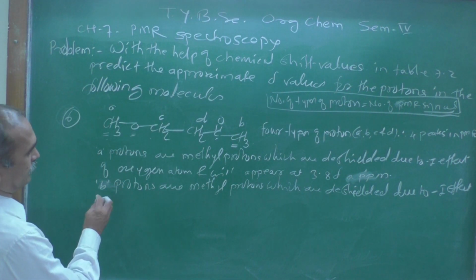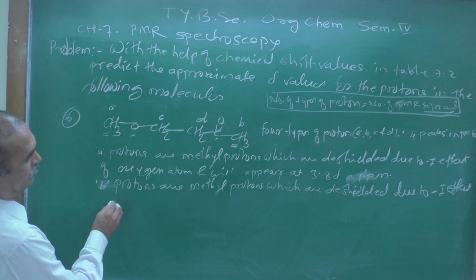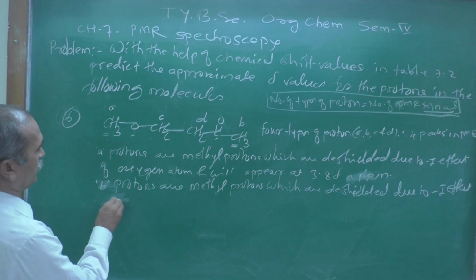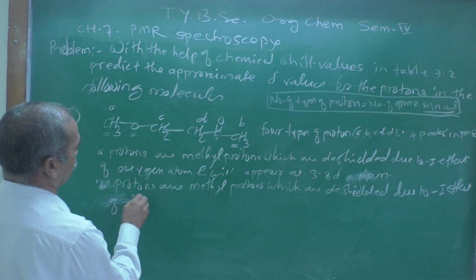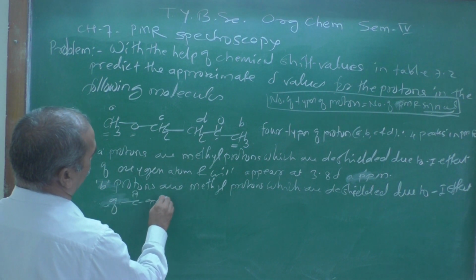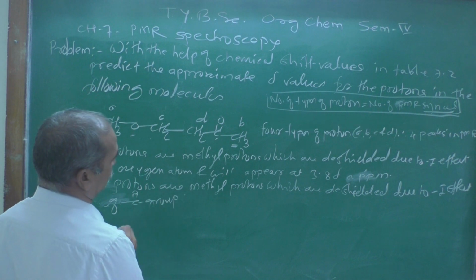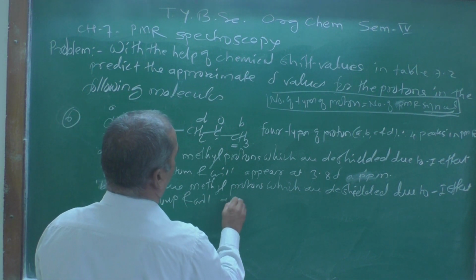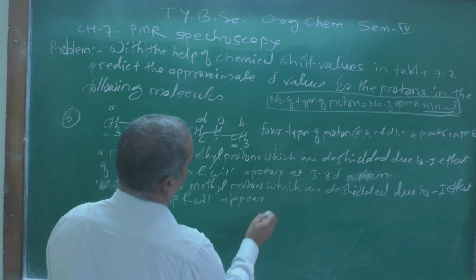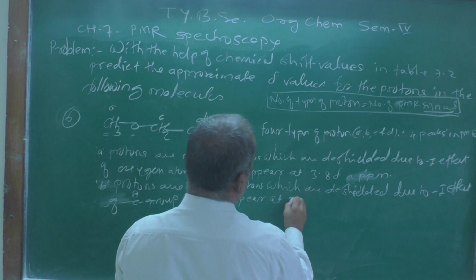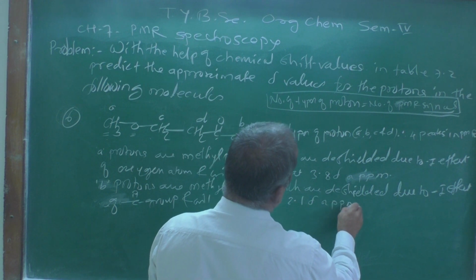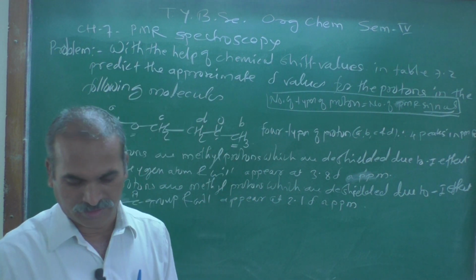Minus I effect of carbonyl group, and will appear at 2.1 delta or ppm, parts per million.